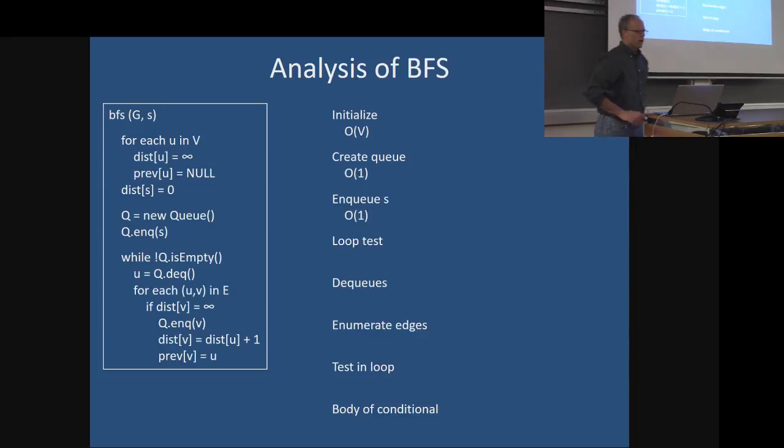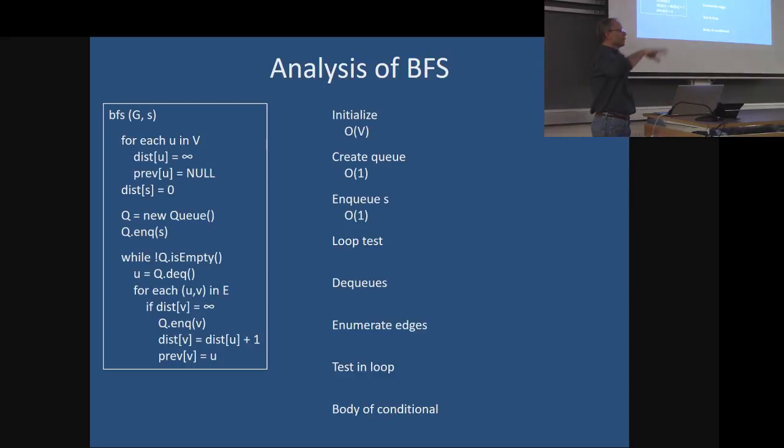Now, over the life of the entire algorithm, we've got this loop running. If we try to just count every statement by itself, it's going to be unclear how to do the counting, because a lot depends on how many edges are produced each time through, and whether or not this is true.